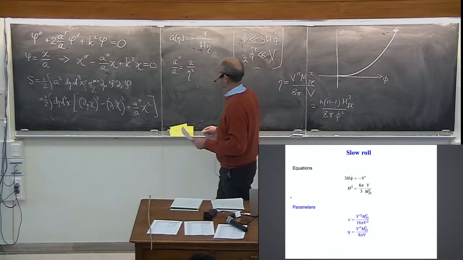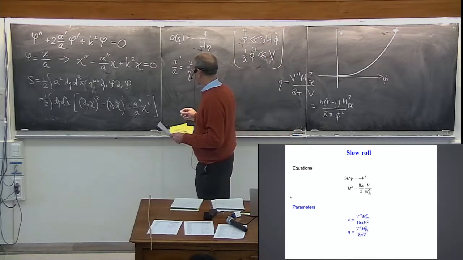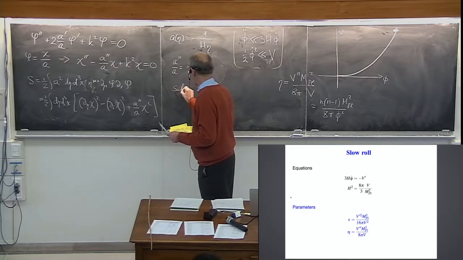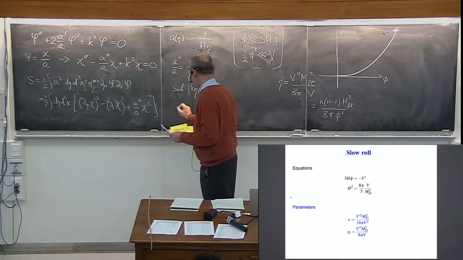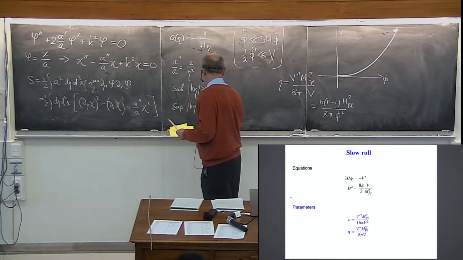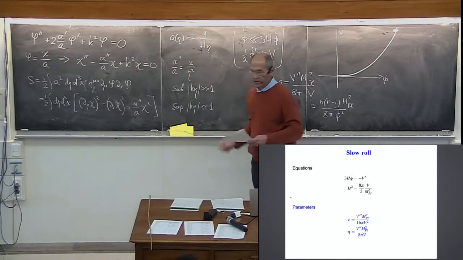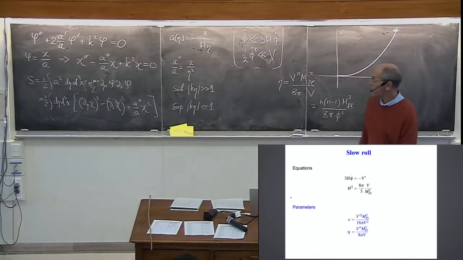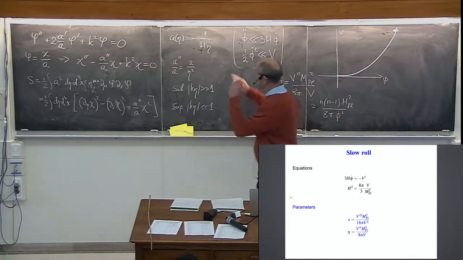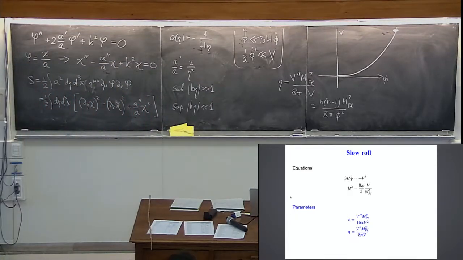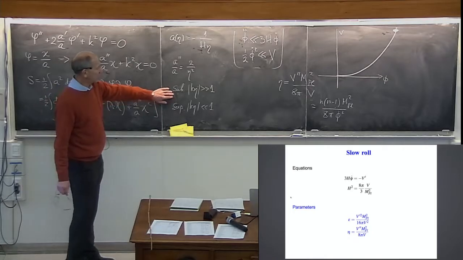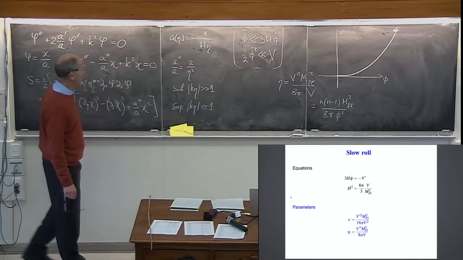So we are in the subhorizon regime when modulus k eta is much greater than 1, and superhorizon when k eta is much less than 1. And remember, eta starts from minus infinity formally, so early times correspond to large negative eta. So we are subhorizon at early times and superhorizon at late times.